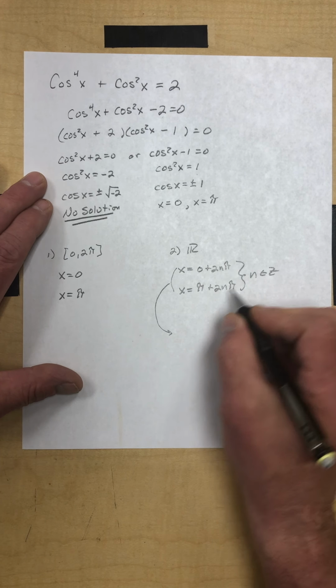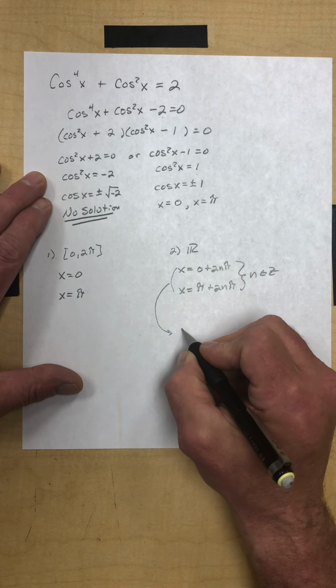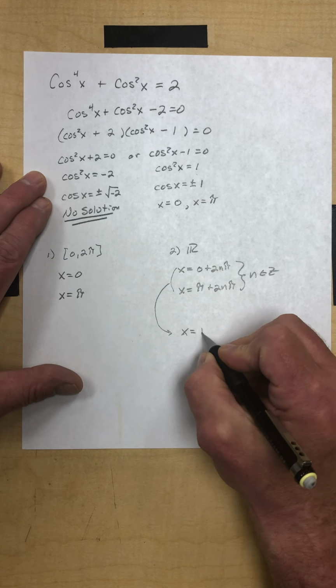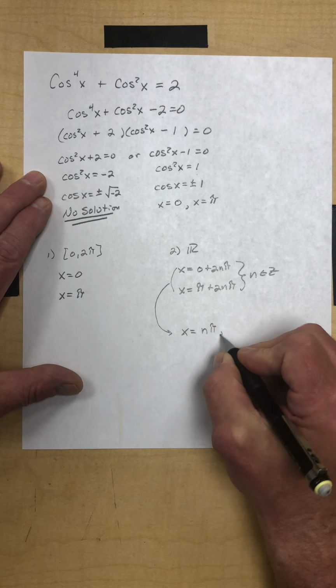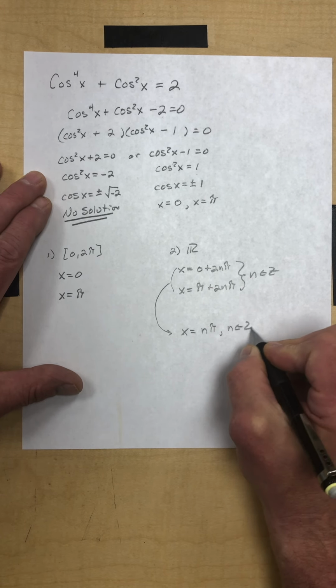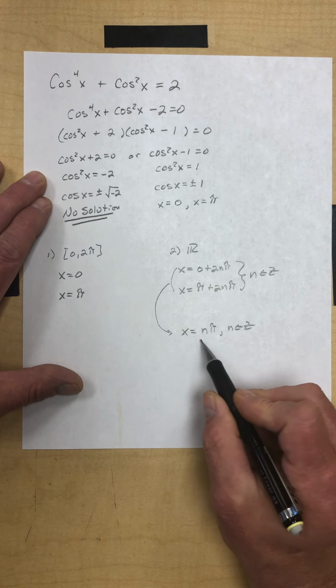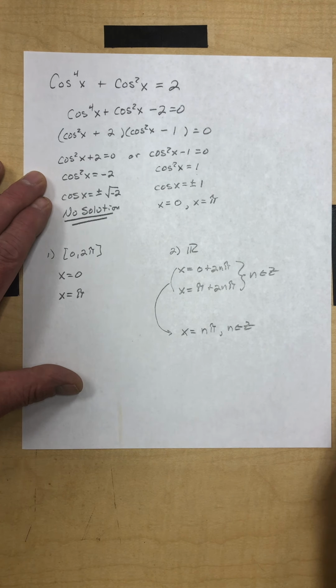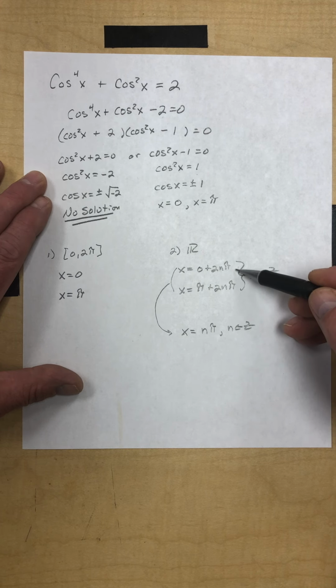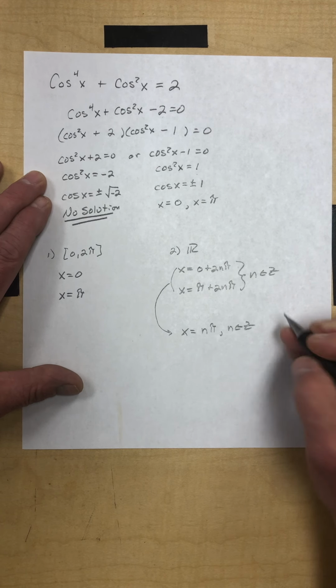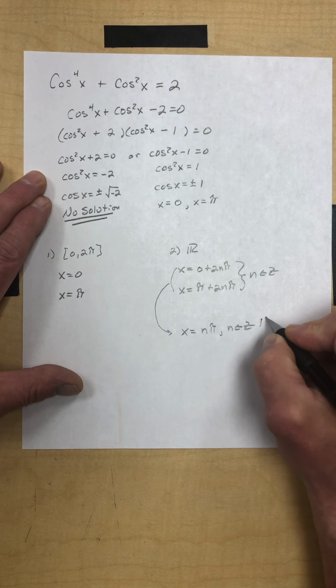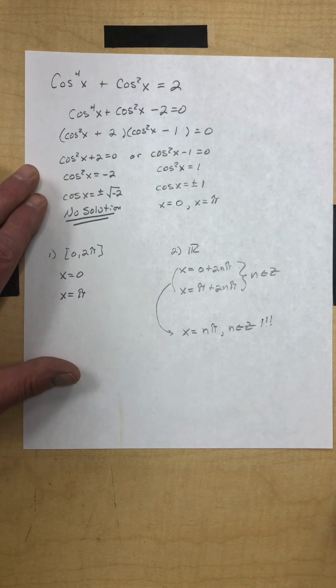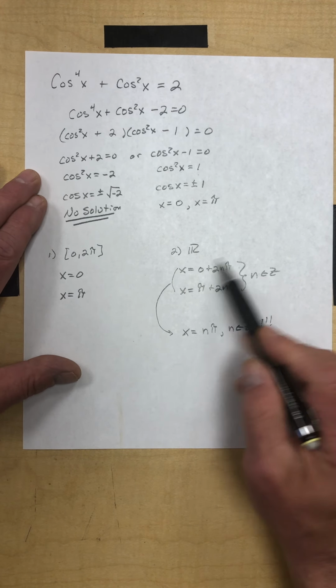So another way to combine these is just saying x equals n pi, where n is an integer. That takes care of every single multiple of pi, both even and odd. There's nothing wrong with this up here. It's probably not the best way to do it. This is probably the best way to do it, in all truthfulness, but this would certainly be okay.